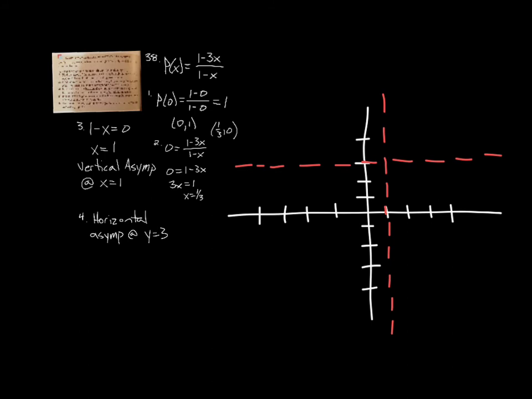But let's see what other information we have. We have a y-intercept at 1, so we got that. And we have an x-intercept at 1/3. Okay, so then we're right here.